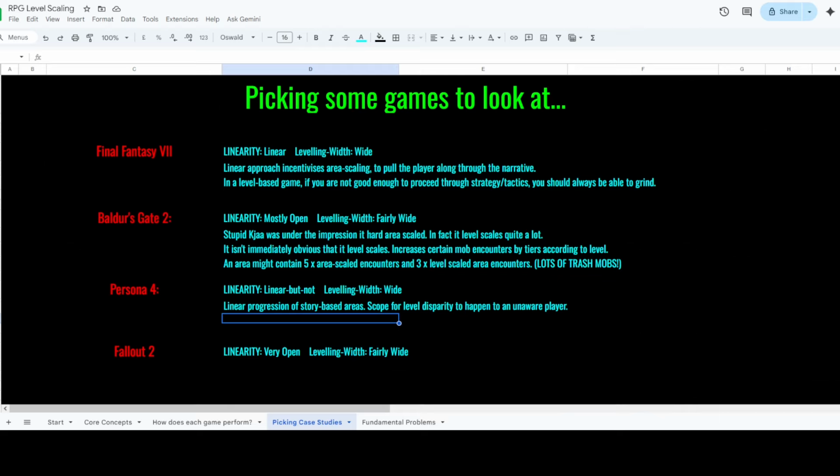And I think beyond that, you still have the base damage of the enemies being local to the area.